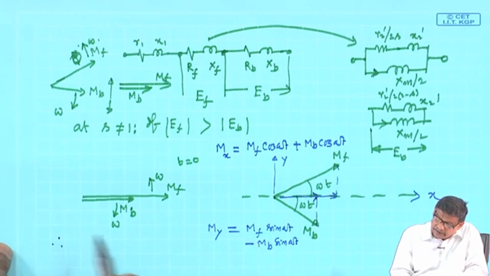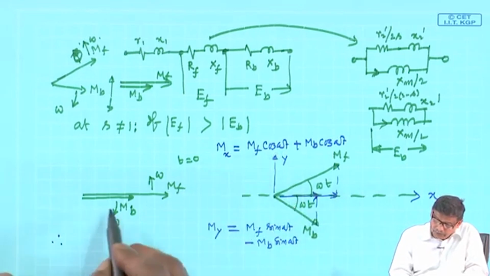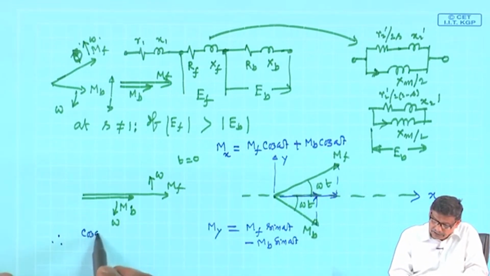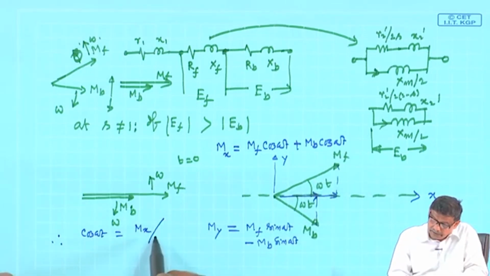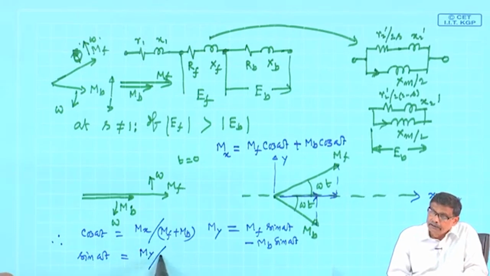Therefore, I can say that cos omega t is equal to Mx, the x coordinate of the resultant M, divided by Mf plus Mb, and sin omega t is My divided by Mf minus Mb.